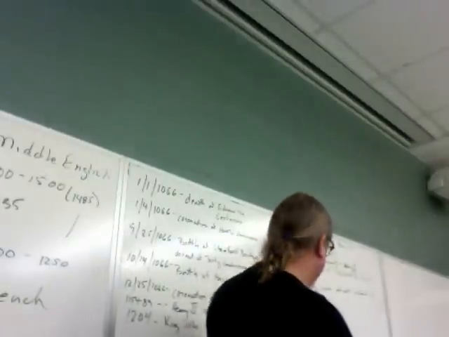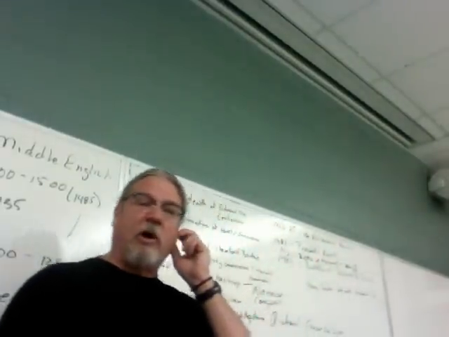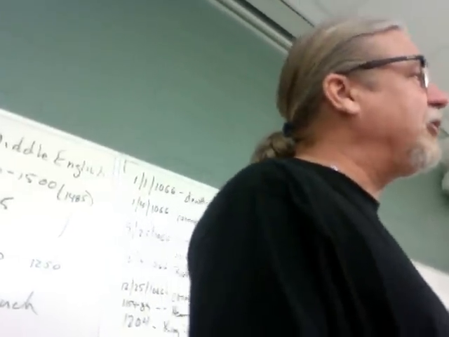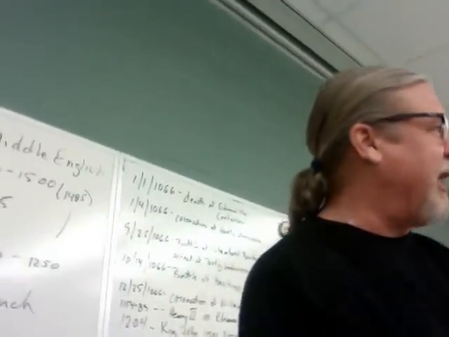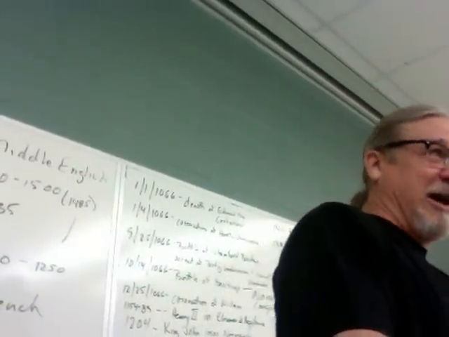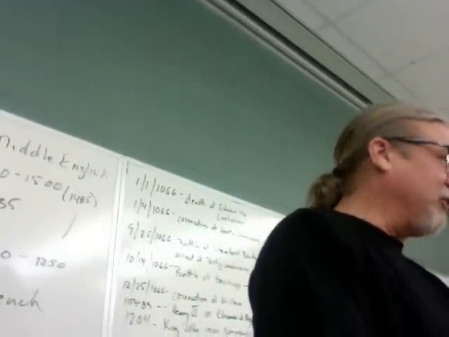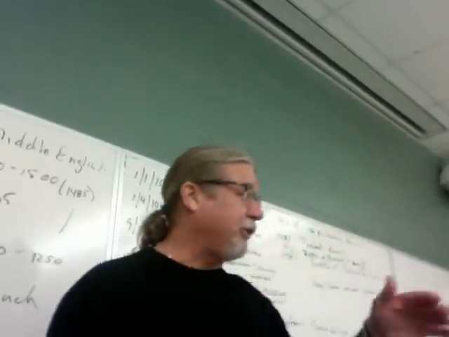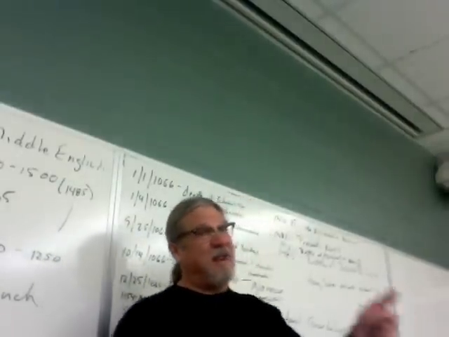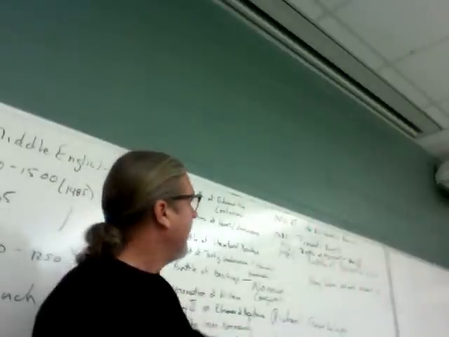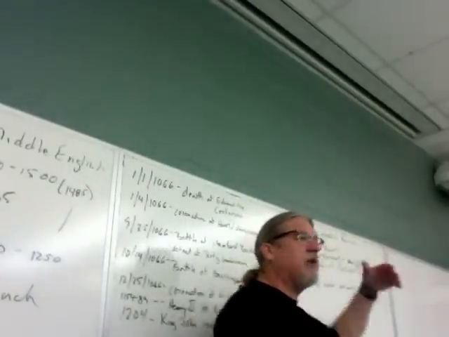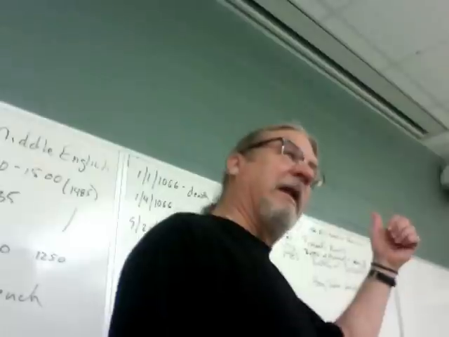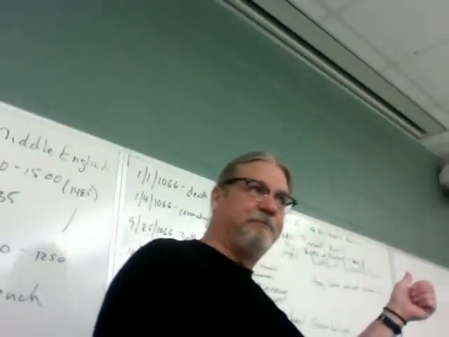So, 1350 to 75. It's a period called the Alliterative Revival. Now, everybody in here fully understands the principles of Anglo-Saxon, right? 4 stressed syllables per line. 2 to 3 of them may alliterate. The 4th one may not, all that kind of stuff. In this period, you have this revival of the practice of alliteration. But it's not like Anglo-Saxon alliteration.